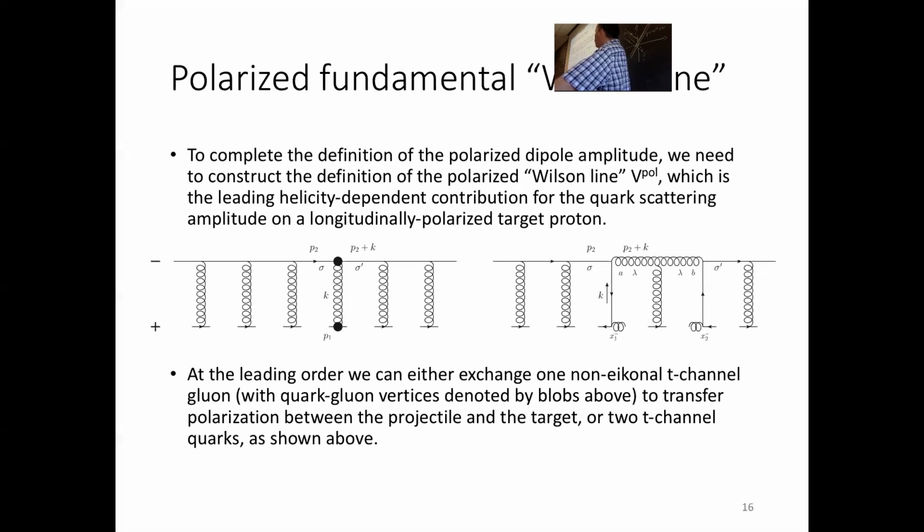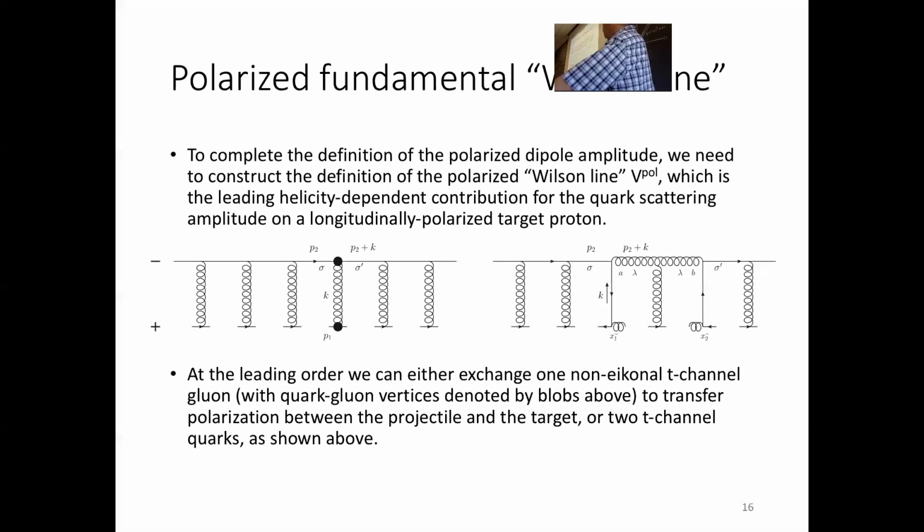That doesn't change anything, but at least one interaction, which is denoted by these blobs, right? So the blob vertices are sub-eikonal quark gluon vertices. So at least one interaction should be spin dependent, okay, to transfer the spin. And after this one interaction is done, transferring the spin information, it can again interact many times in an eikonal way.